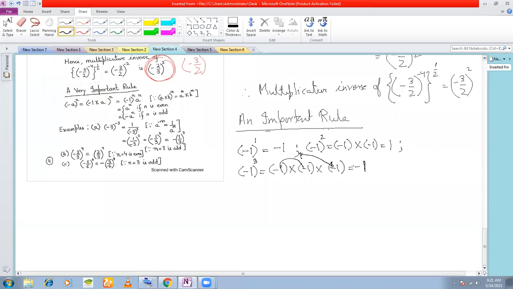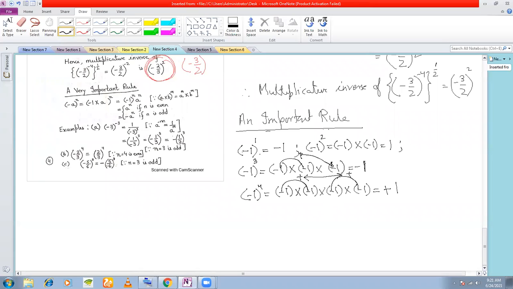So this is minus 1, right? Minus 1 to the power of 4 will be minus 1 into minus 1 into minus 1 into minus 1. Now these two minus signs combine to give a plus sign, these two minus signs combine to give a plus sign, and these two plus signs give a plus sign. So you're getting plus 1.